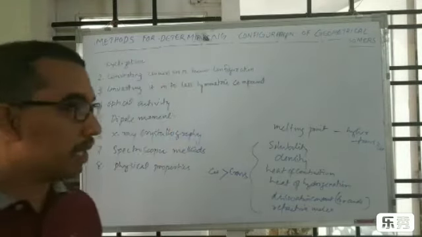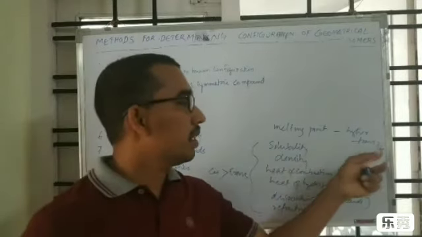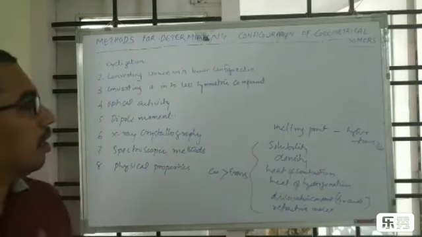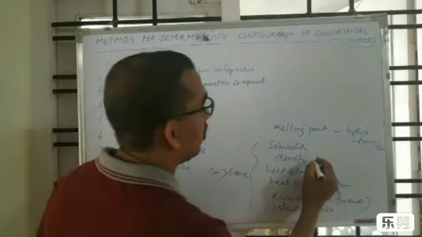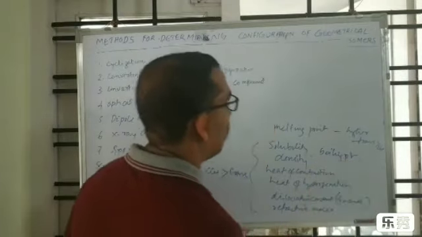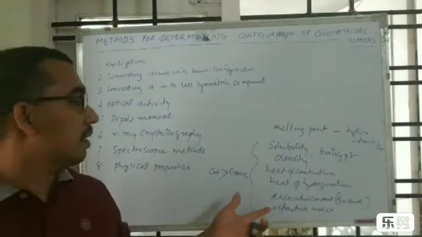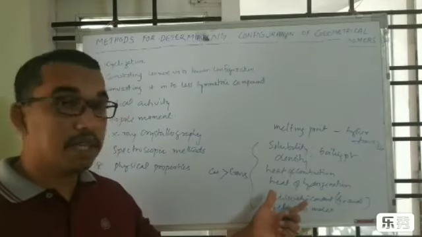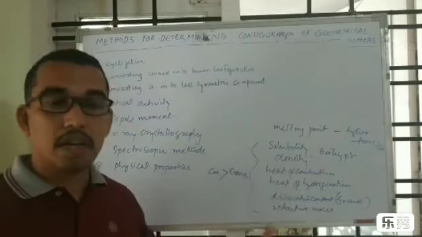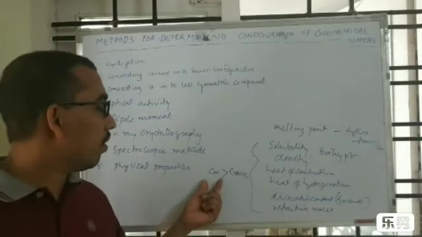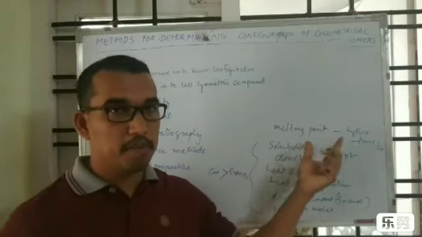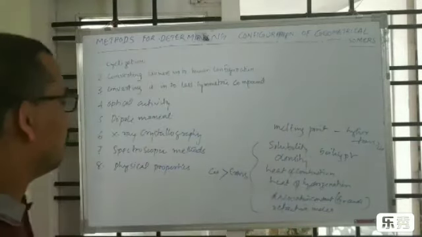So in physical properties, only the melting point is higher for the trans isomer than the cis isomer. Almost all other physical properties, solubility, boiling point, density, heat of combustion, heat of hydrogenation, dissociation constant, refractive index, are higher for the cis isomer than the trans isomer, except the melting point. Melting point will be higher for the trans isomer.